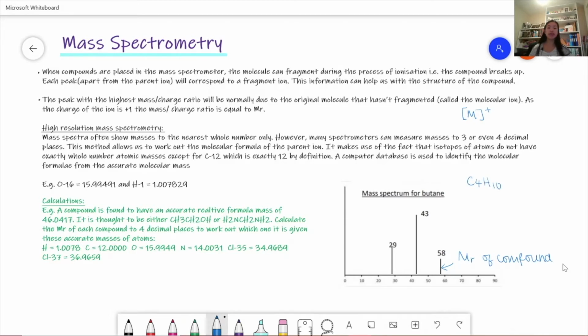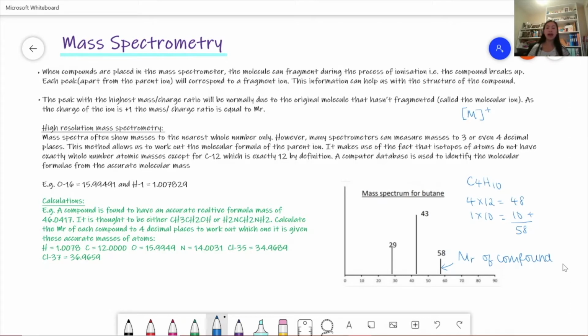If we use the values from the periodic table of all the ARs and add them up, we get 4 times 12, which is 48, and then add 1 times 10, which is 10, so we get 58. And so we can see that the signal with the highest m/z value is the MR of butane.